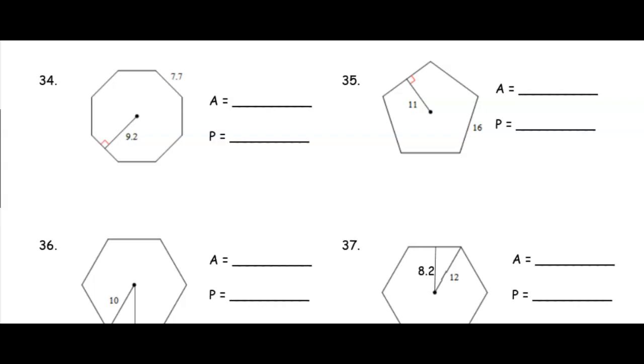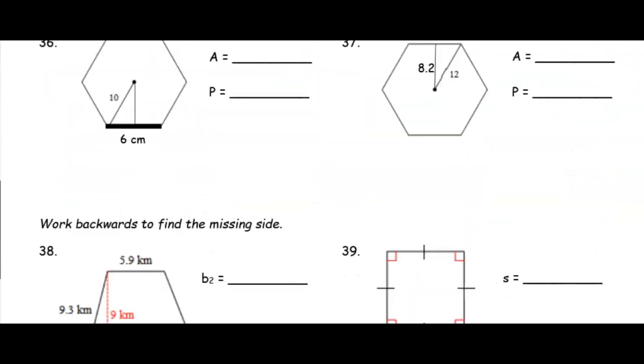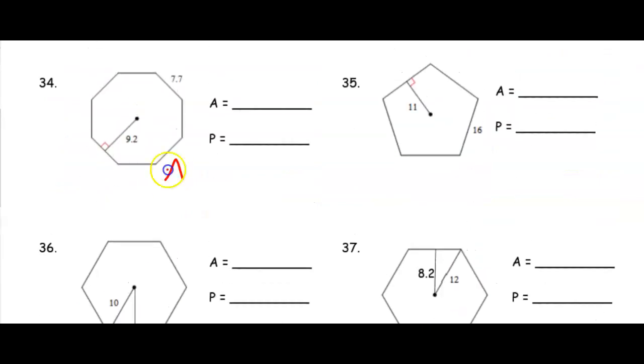The area of a regular polygon is the apothem, which is here, times the perimeter. Let's grab that perimeter real quick. 1, 2, 3, 4, 5, 6, 7, 7.7 times 8 is 61.6.